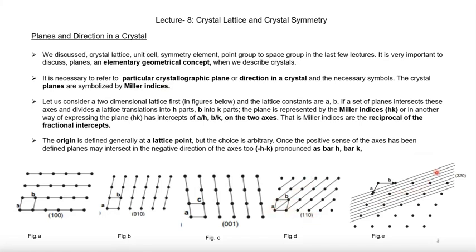Similarly, in the figure, these parallel planes are designated as 3 2 0. Mind you, C is not in our presentation. Therefore we call it 3 2 in two dimensions, and this one is the 1 1 plane.